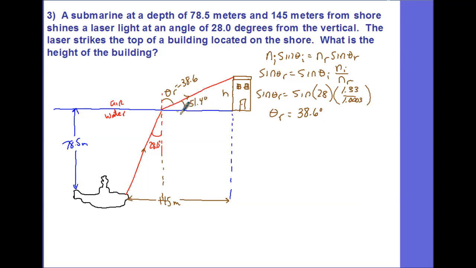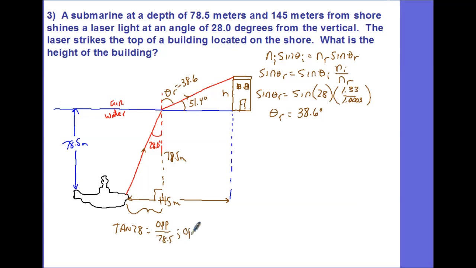Now all I really need to do is find this length, and I can use a tangent function to find that height. So how could I find that length? If I come down here, I can use some right angle trigonometry. If this is 78.5 meters, I could use a tangent function. The tangent of 28 is equal to the opposite divided by the adjacent 78.5.